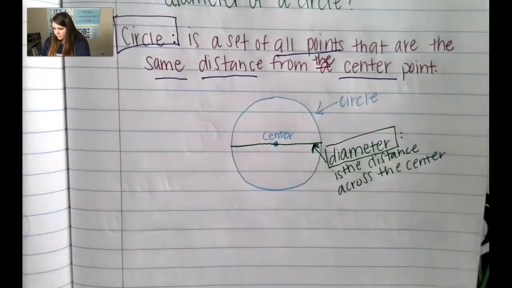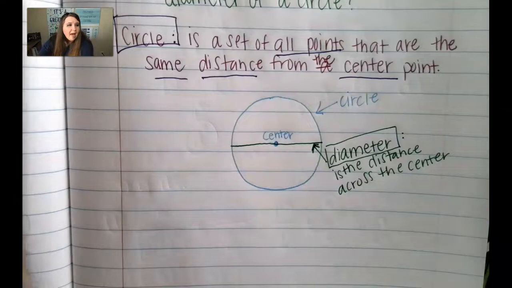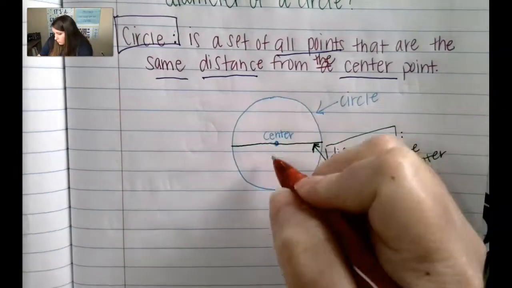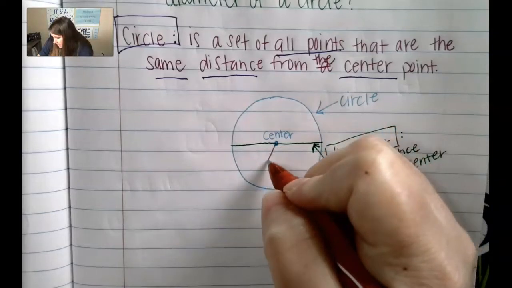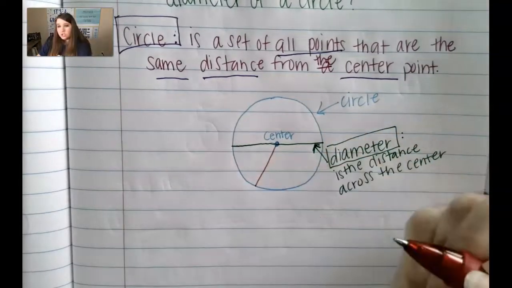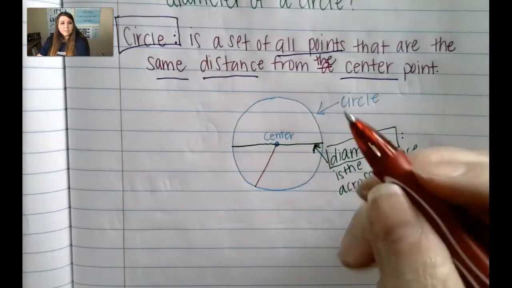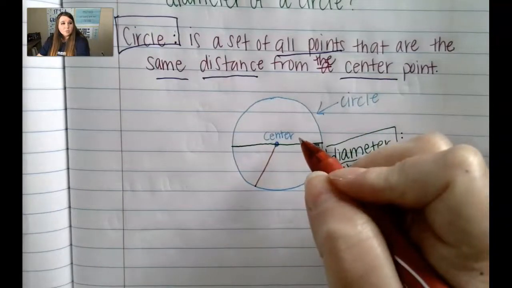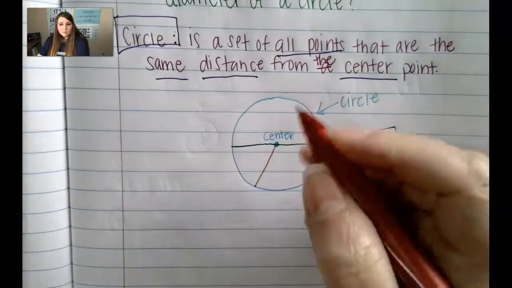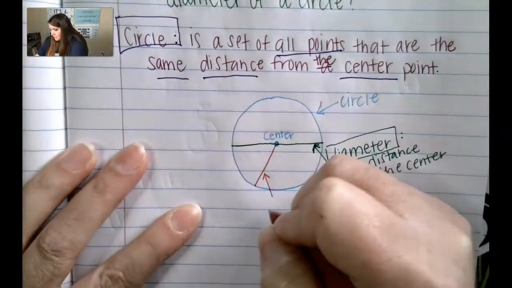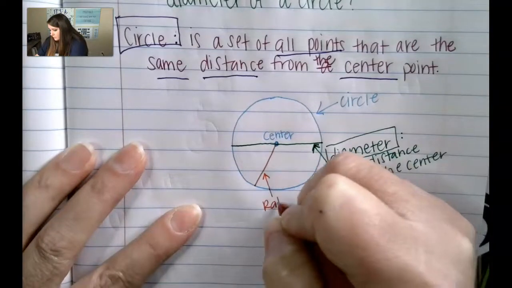It's the diameter. We also have a radius. A radius only comes from the middle of the circle to the edge. So it's from the center point to any other point on the circle. This right here is the radius.